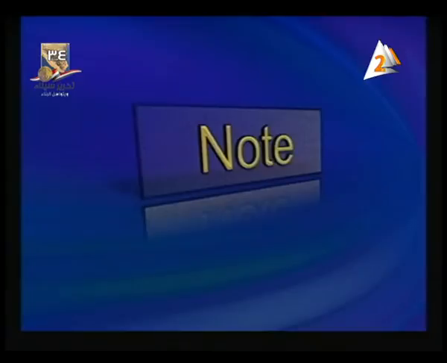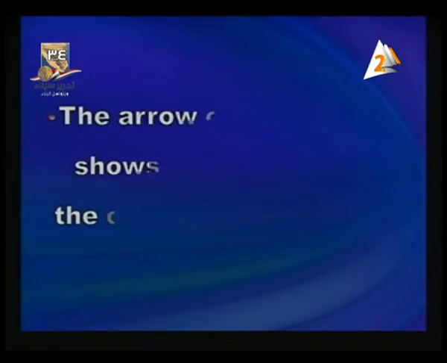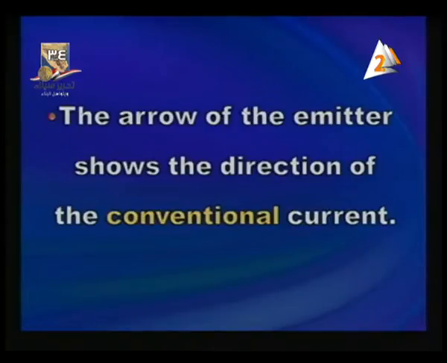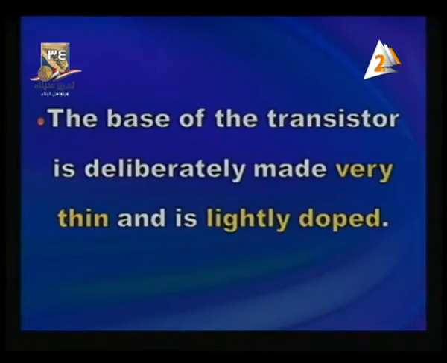Okay, we've got something to add here. Note, will you please? The arrow, as I said, the arrow of the emitter shows the direction of the conventional current. The base of the transistor is deliberately made very thin and lightly doped.